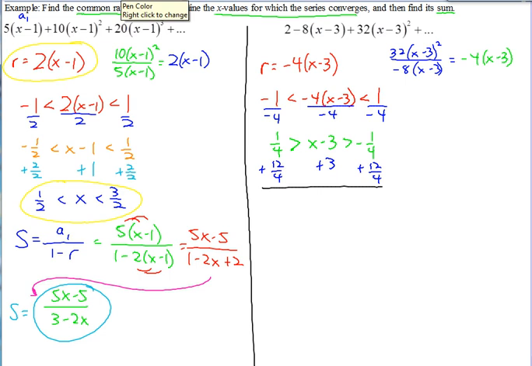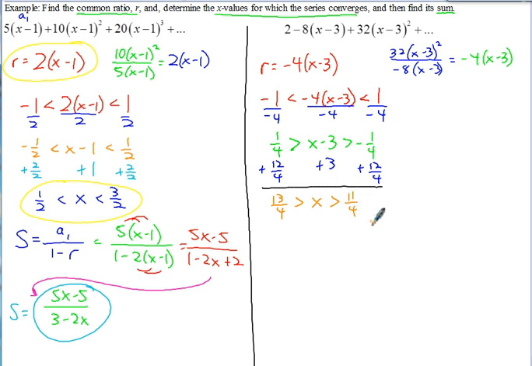So 12/4 plus 1/4 gives us 13/4, and it's greater than x, which is greater than 12/4 minus 1/4, which is 11/4.